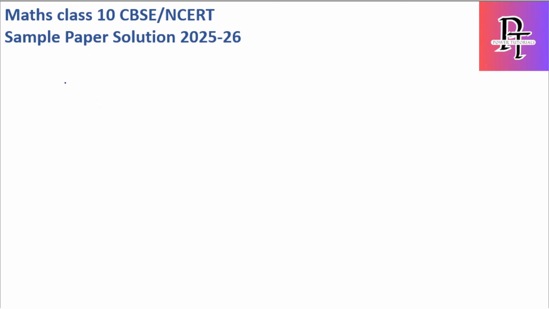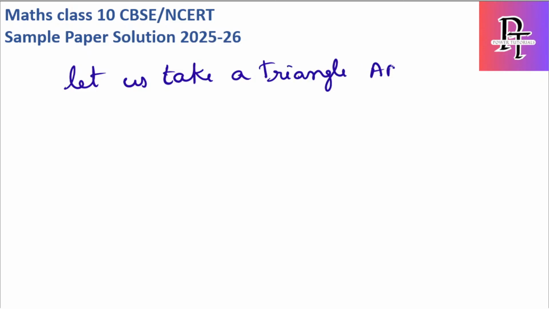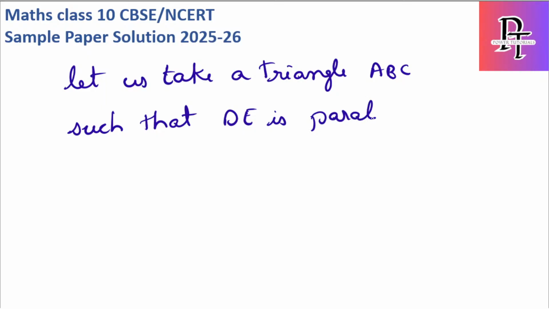So what you have to take, let us consider a triangle ABC such that DE is parallel to BC.